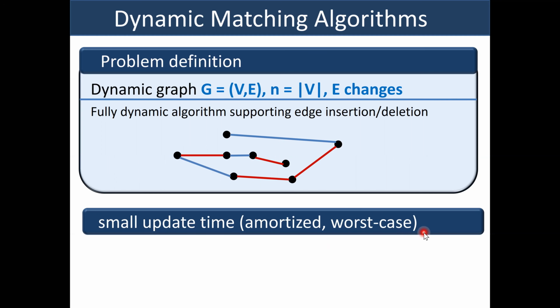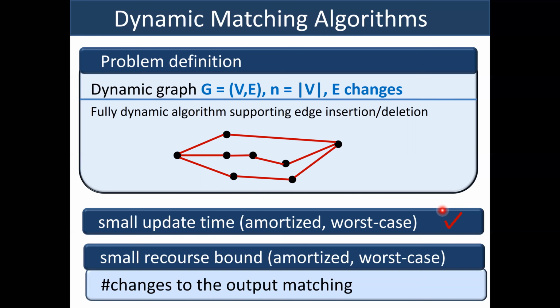And there are a bunch of dynamic matching algorithms with very small update time bounds, even in the worst case. It's not like this area is fully resolved. There are many open questions, but I just want to mention that there are a lot of non-trivial algorithms with very low update time bounds, also in the worst case.